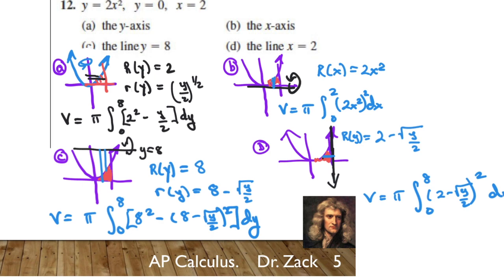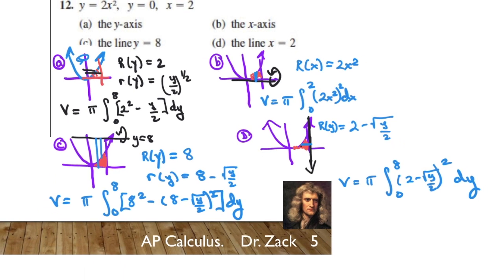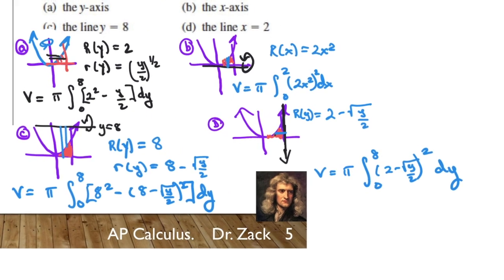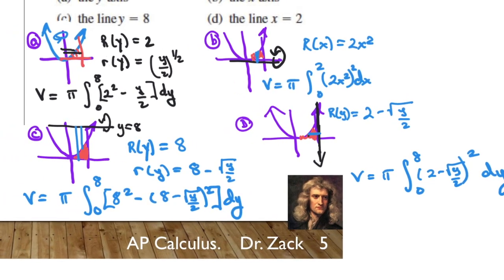Now, for question number 12, you had 4 different problems. Each one involved a different setup with a different axis of revolution. Your answers do change depending on where the axis is because different shapes are being created. So look through it, make certain you practice the integration with your calculators so that you are set.